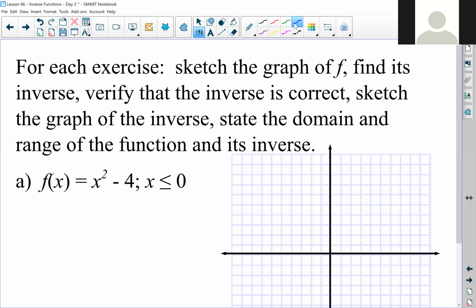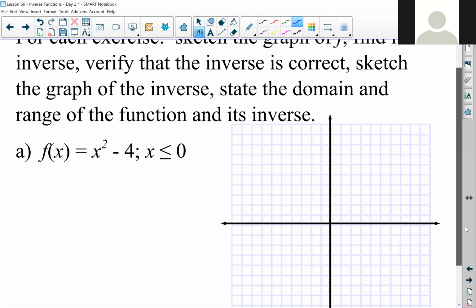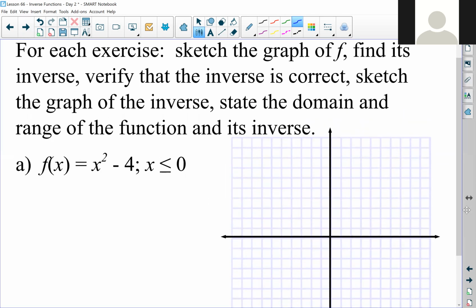And remember, we can do that by taking the composition of the function and its inverse. Sketch the graph of the inverse. State the domain and the range of the function and its inverse. And so there are some easy ways to note those things, and I'll go through those as we go through the problem.